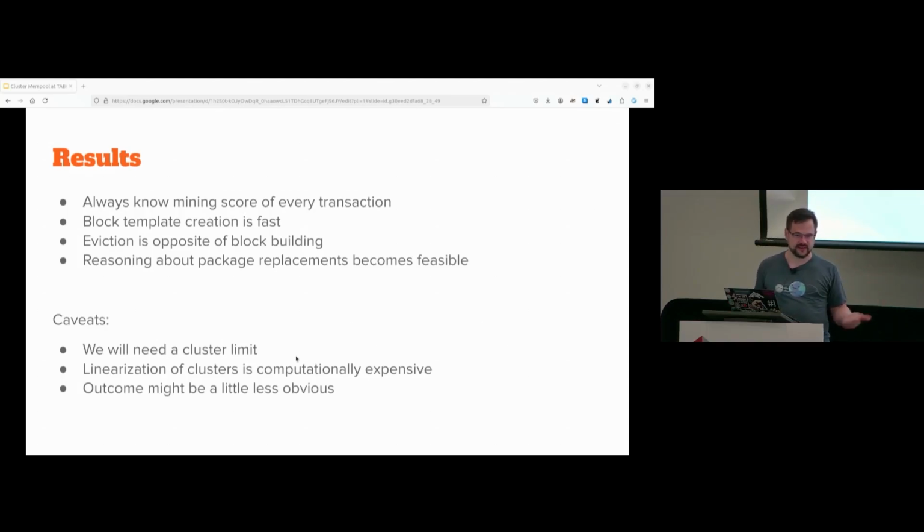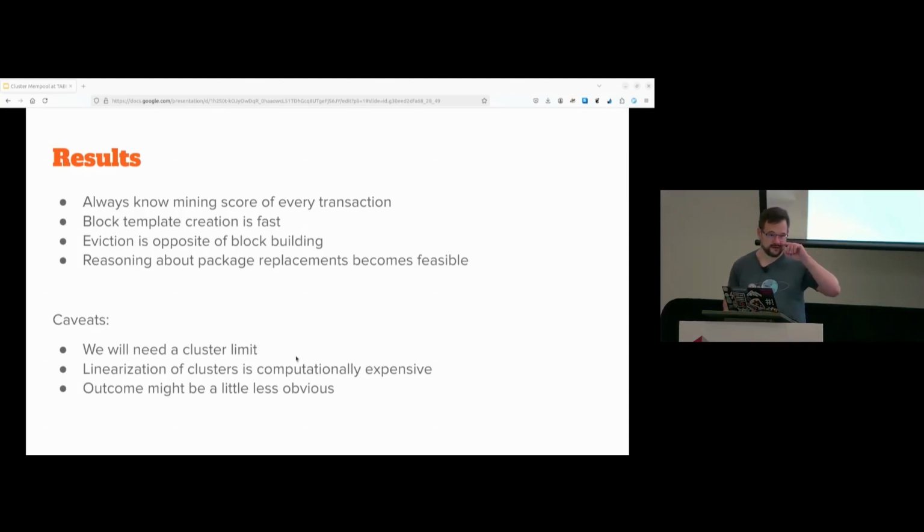There are a couple caveats. First, we'll need a cluster limit that so far hasn't existed. The cluster limit will be a lot smaller than the worst case clusters we've seen in our research, but it'll probably be reasonably big for anything reasonable people are doing on the network.